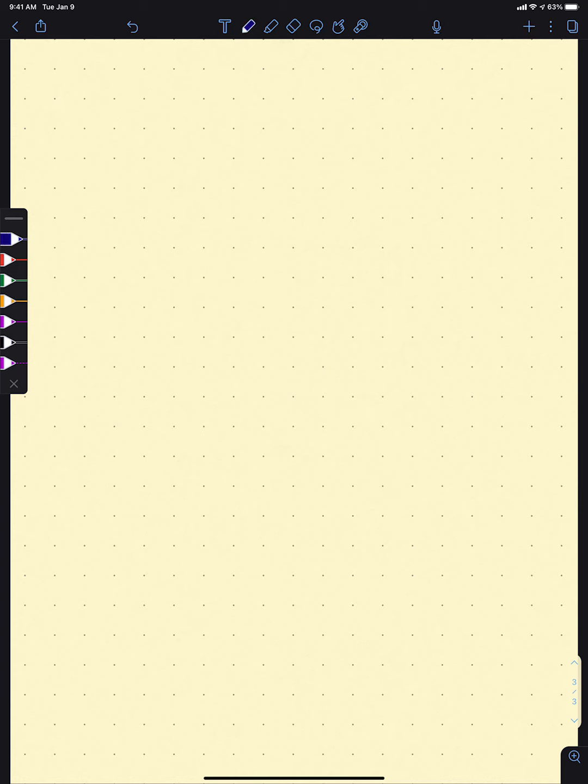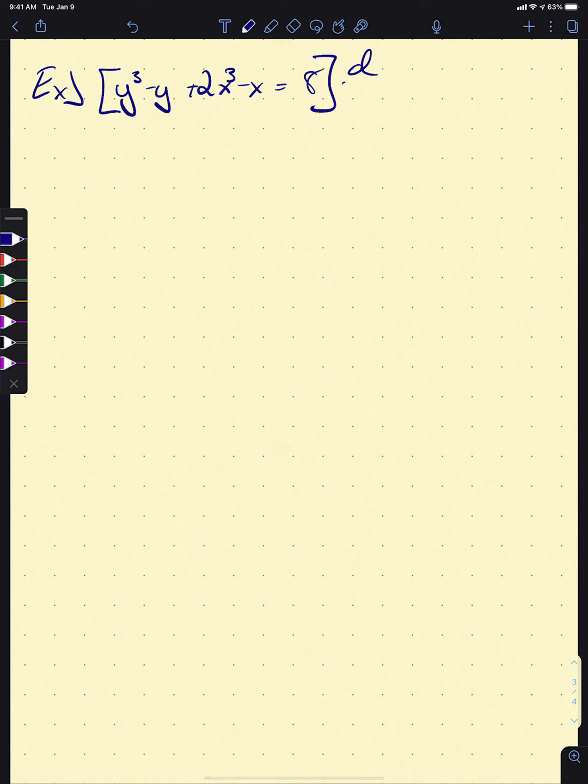Okay, but let's turn our attention back to that first one: y cubed minus y plus 2x cubed minus x equals 8. And we want to take the derivative of this, because we want to calculate dy dx, okay?